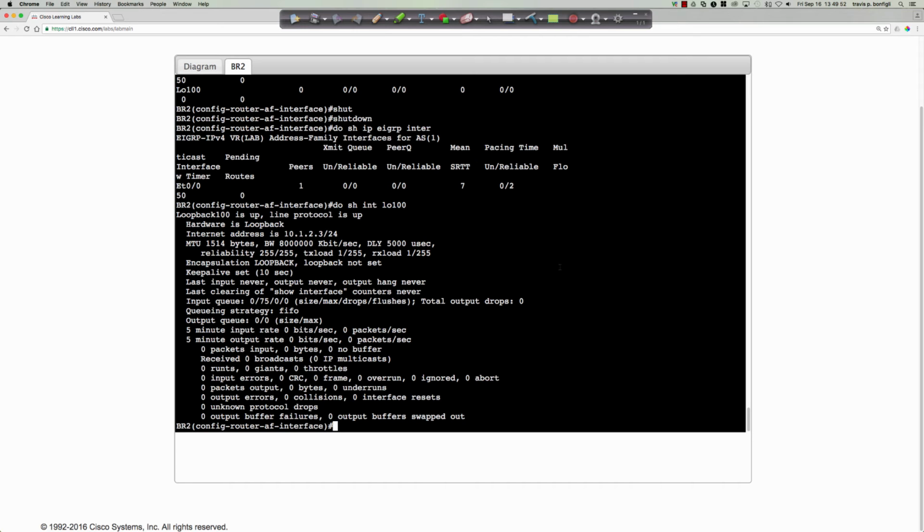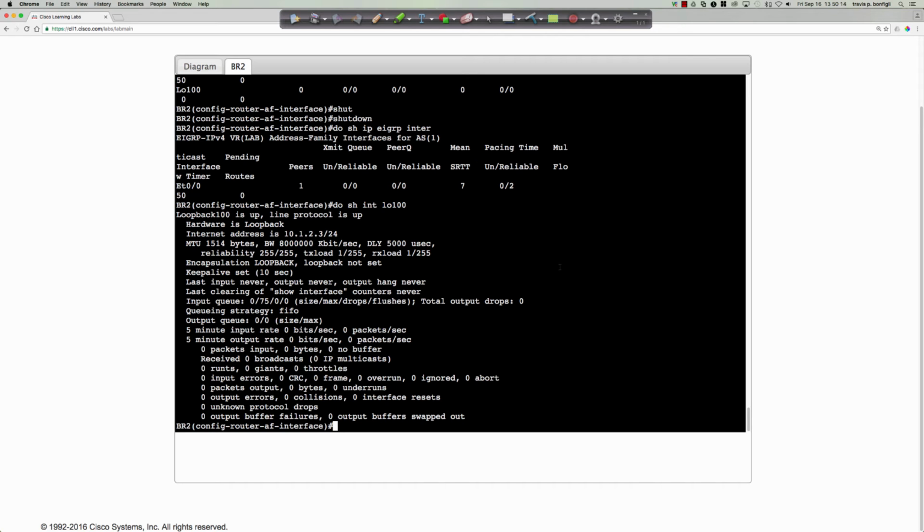So you're probably asking, well, wait a second, why would I even do that? Why wouldn't I just not run EIGRP on that interface? That's a valid question. But in the scenario that we have here, where we just slap down the network quad zeros, and let's say that loopback 100 was there already, we obviously don't want EIGRP running, and we don't want that advertised.